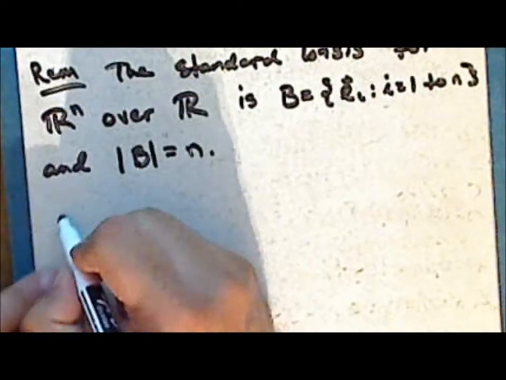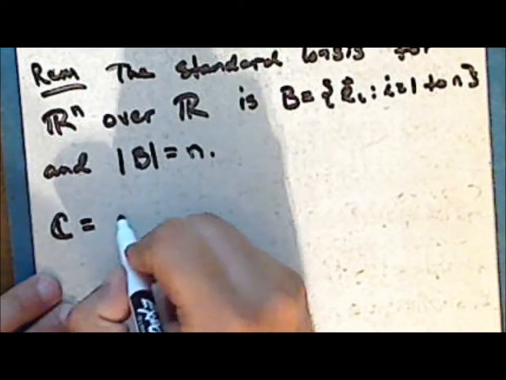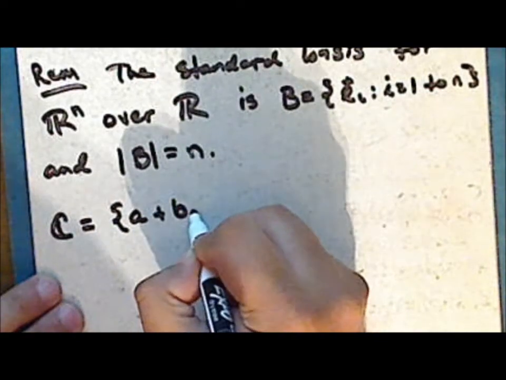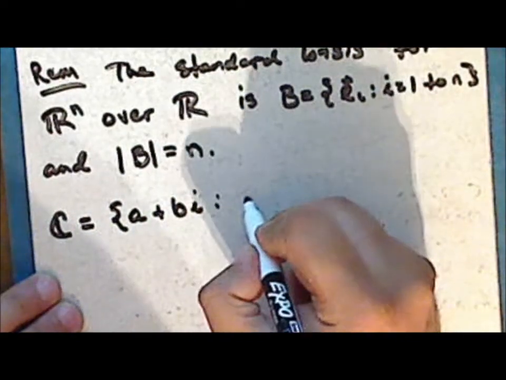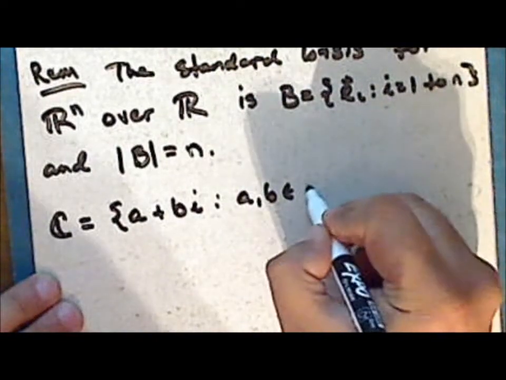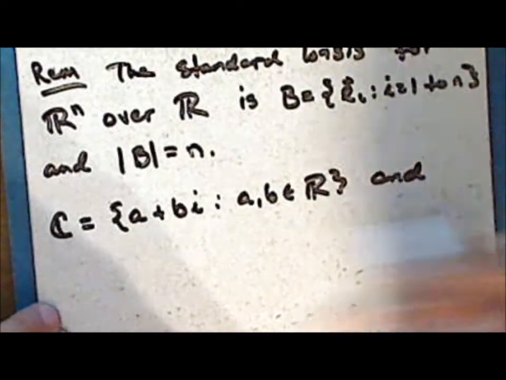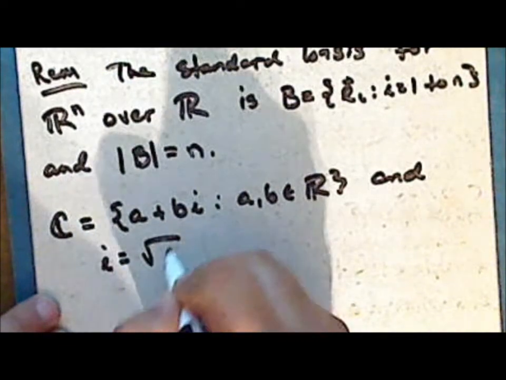Now recall that the complex numbers are those numbers of the form a plus b times i, where a and b are real numbers and the number i is the square root of -1.